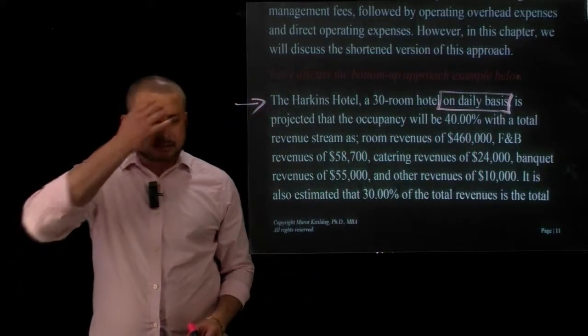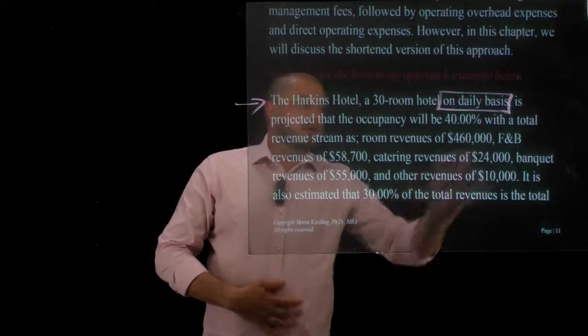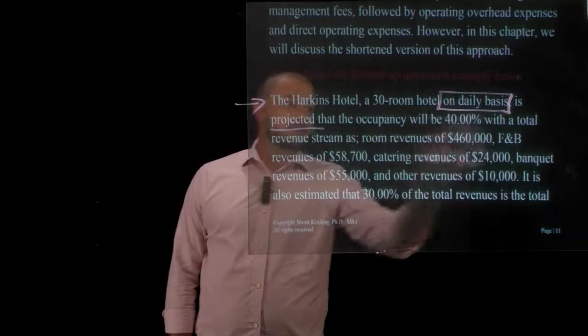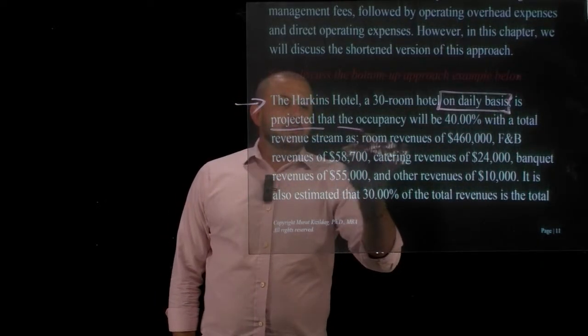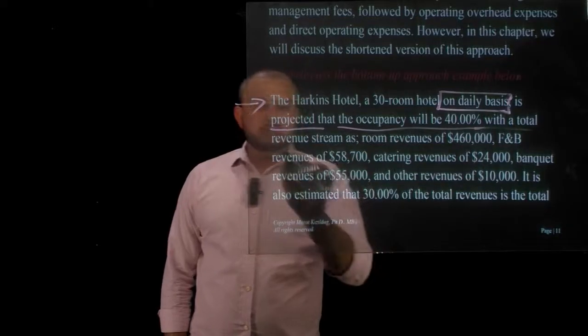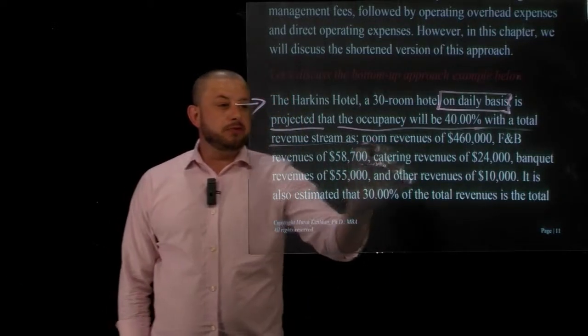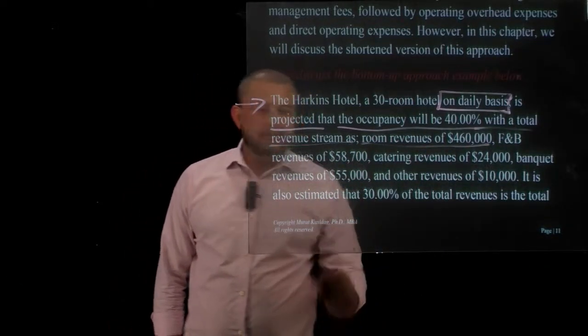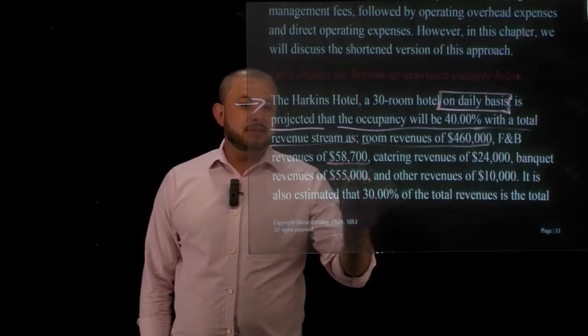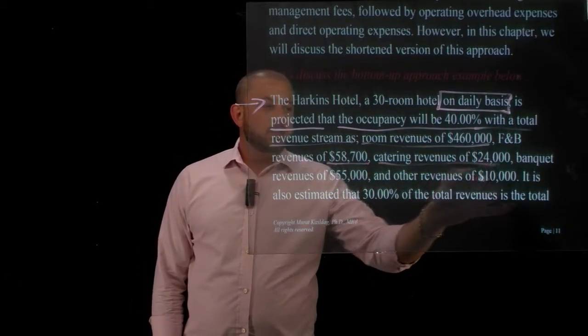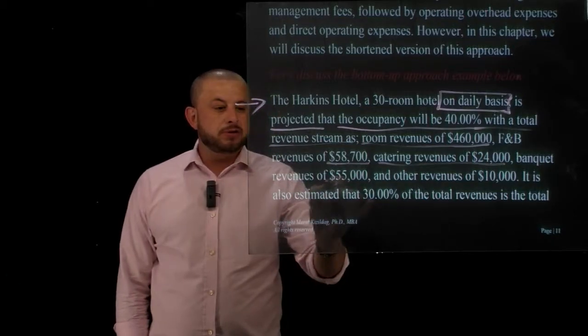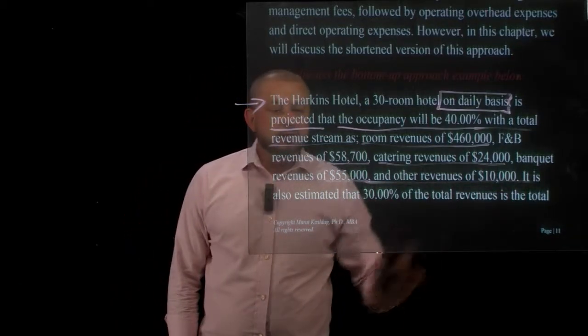Let's keep reading. The 30-room hotel is projected to have 40% occupancy with a total revenue stream of room revenues $460,000, F&B revenues $58,700, catering revenues $24,000, banquet revenues $55,000, and other revenues $10,000.